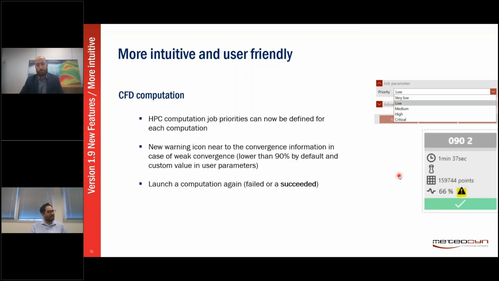This didn't happen before, so keep in mind that this is just going to help you visualize problems if you have any. And of course, you can now launch a computation again, whether it has failed or succeeded. Before you needed to delete it, now you can just relaunch. So this is going to help you out, guys, quite a bit.